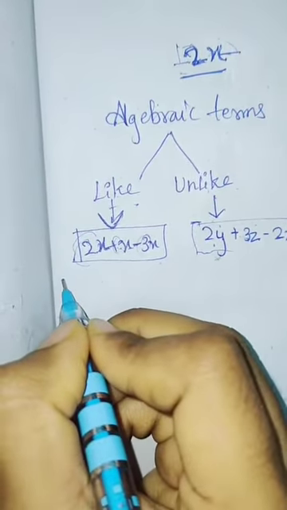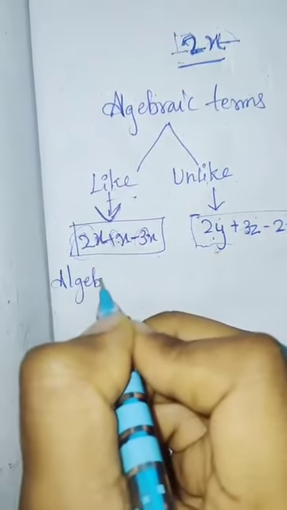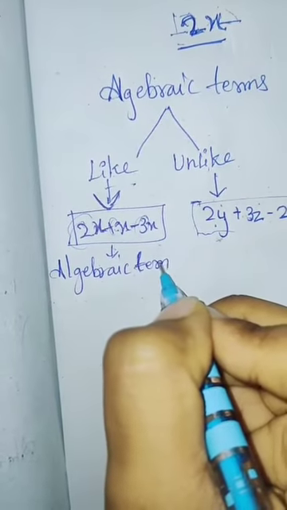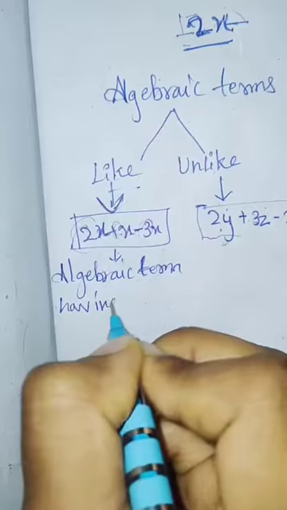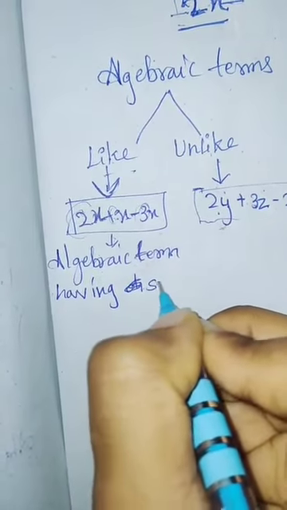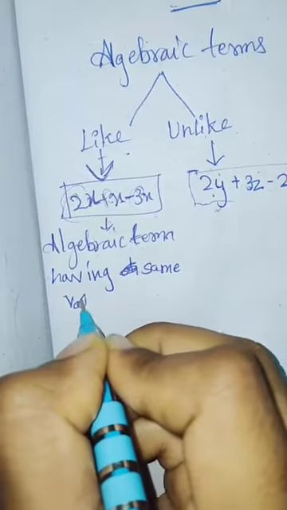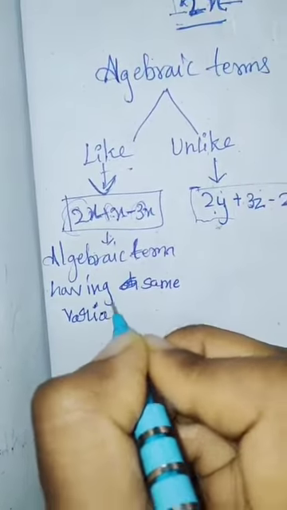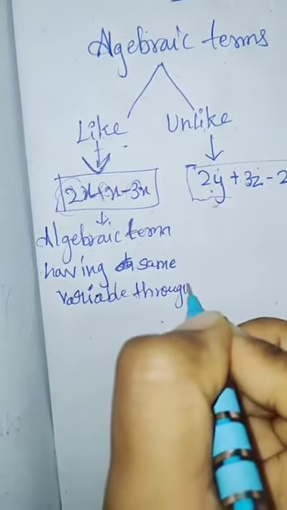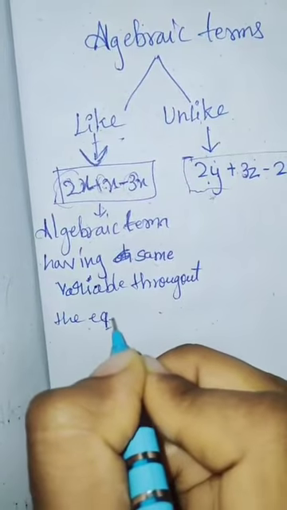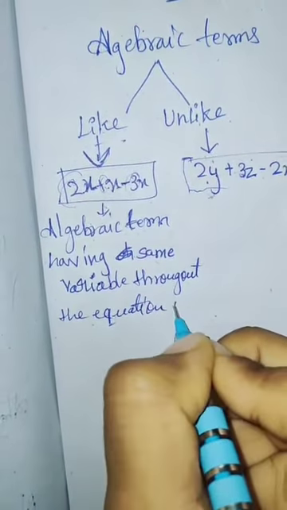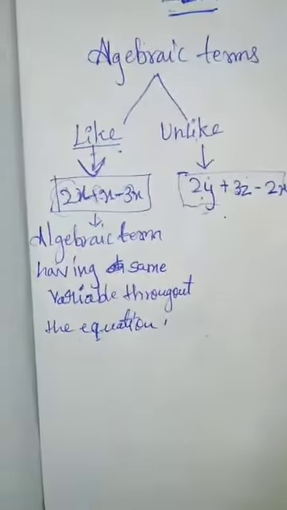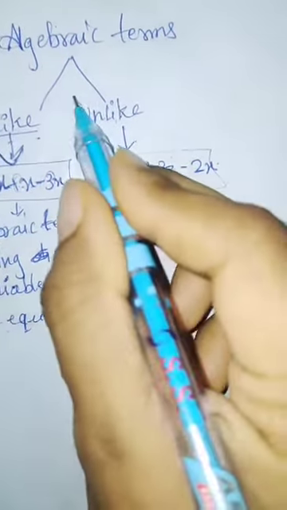The definition is: algebraic terms having the same variable throughout the equation are known as like terms, whereas the opposite, algebraic expressions having different kinds of variables, are called unlike terms.